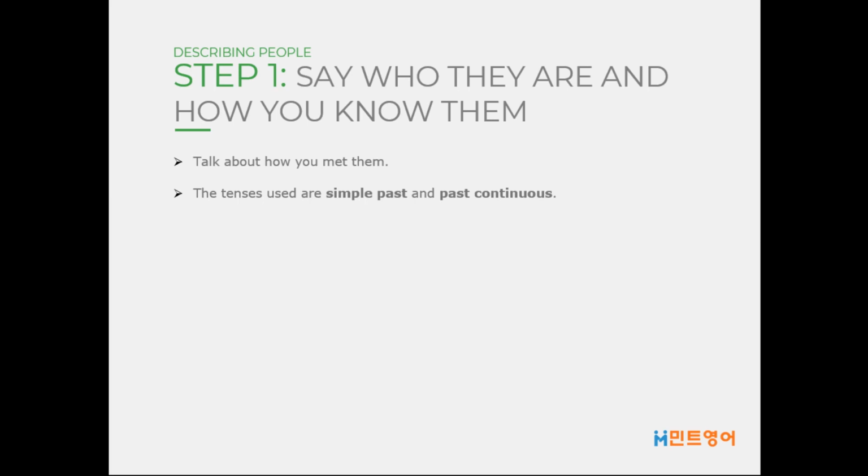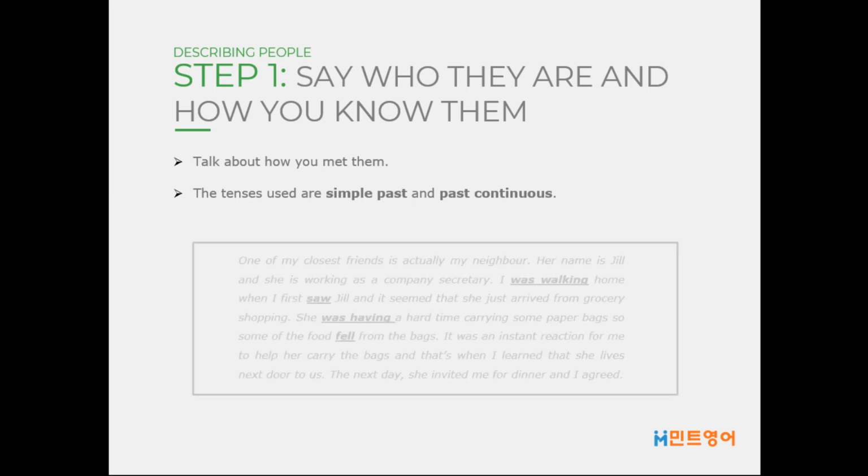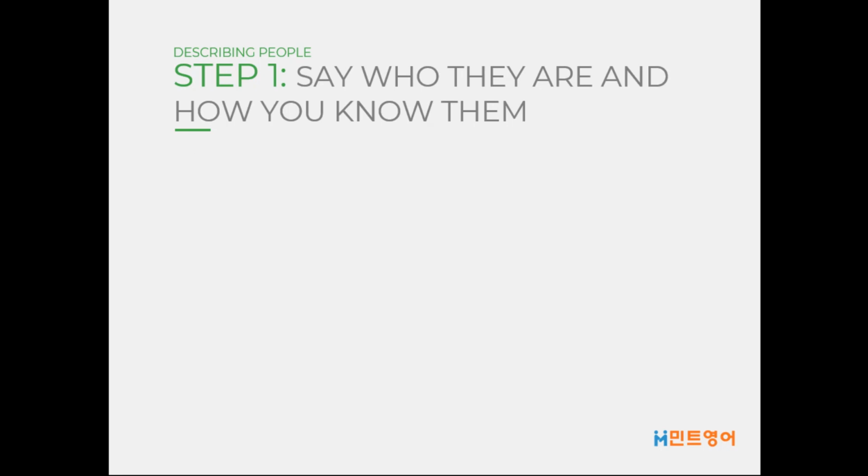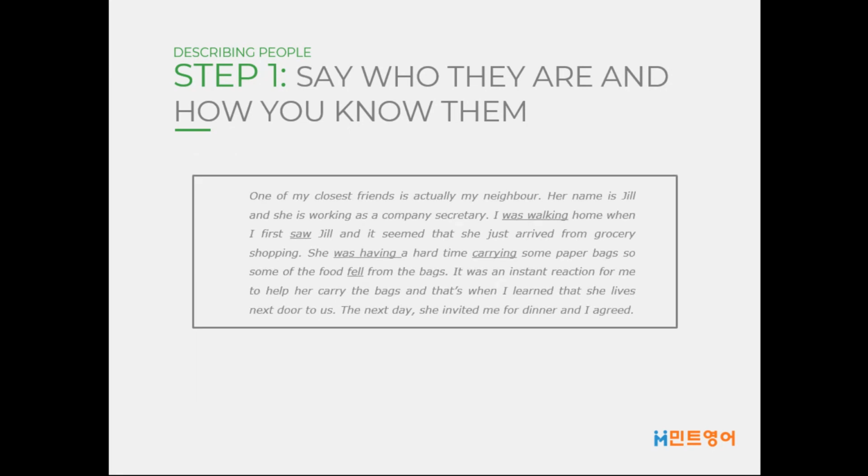The past continuous tense is used to talk about longer situations that began in the past, and the simple past describes the action that happened quickly and ended. Here is an example. Observe how the past and past continuous tenses are used in this example.